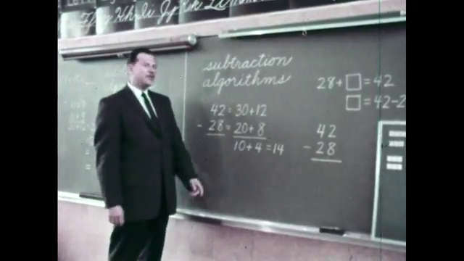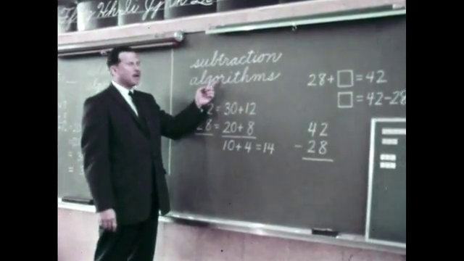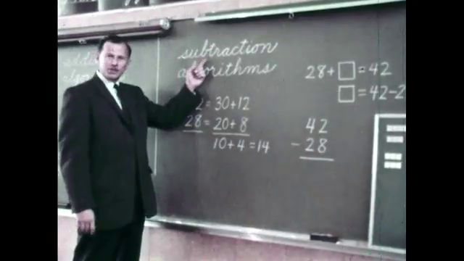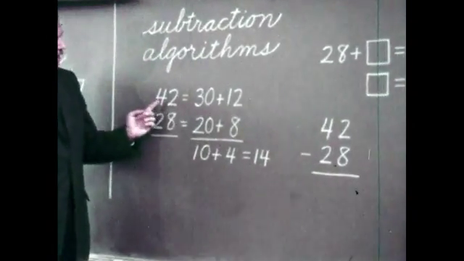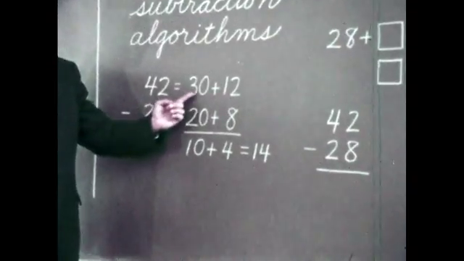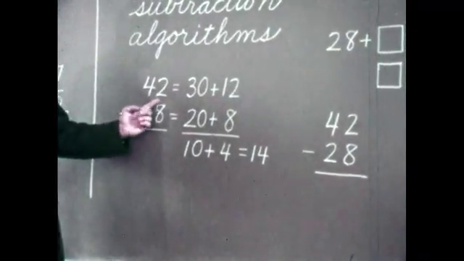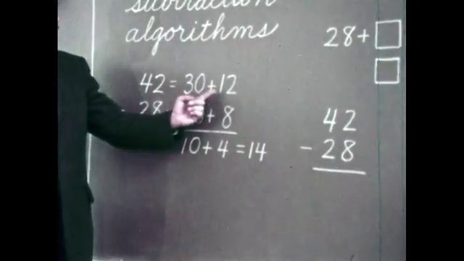We can also use different algorithms to develop an understanding of subtraction computation. Here, for example, is an algorithm using expanded notation where 42 is expressed as 30 plus 12.